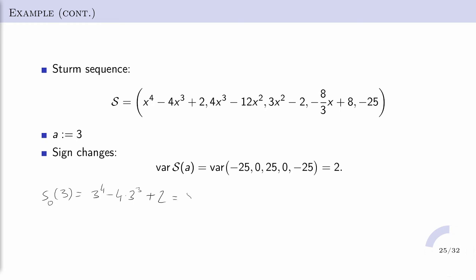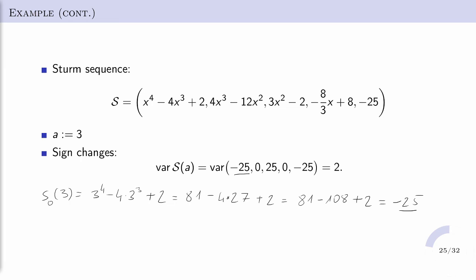So this is 81 minus 4 times 27 plus 2. So this is 81 minus 108 plus 2. So this is 83 minus 108, so it's minus 25.